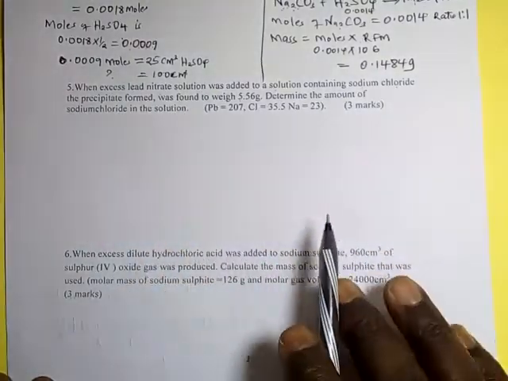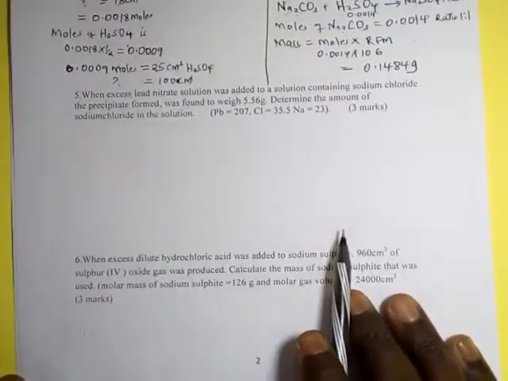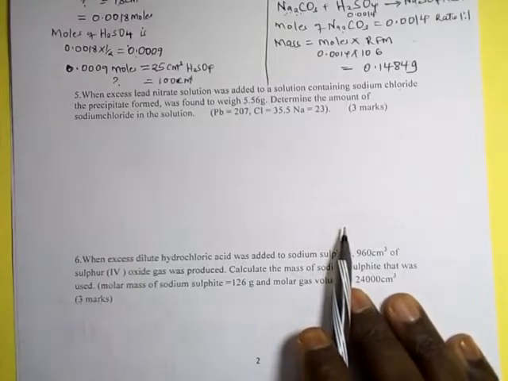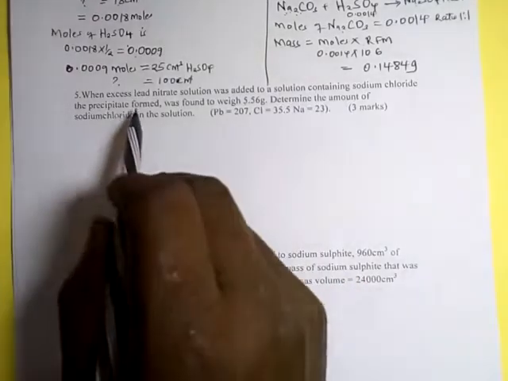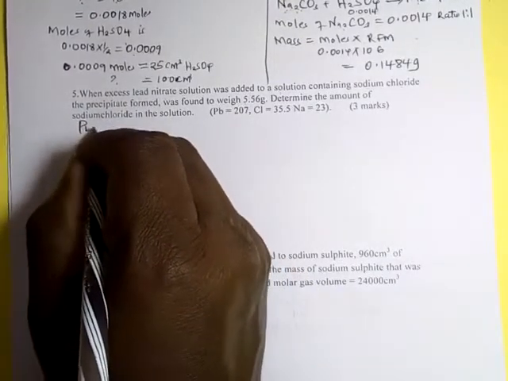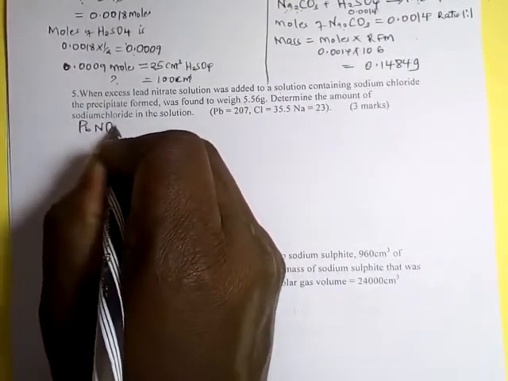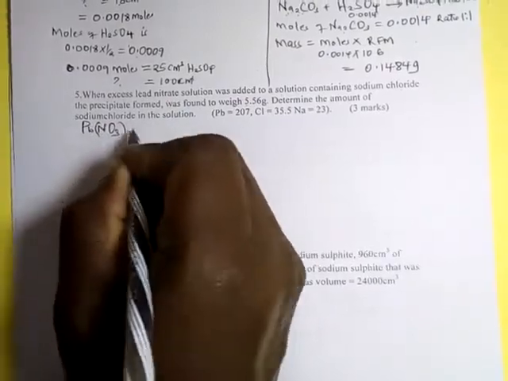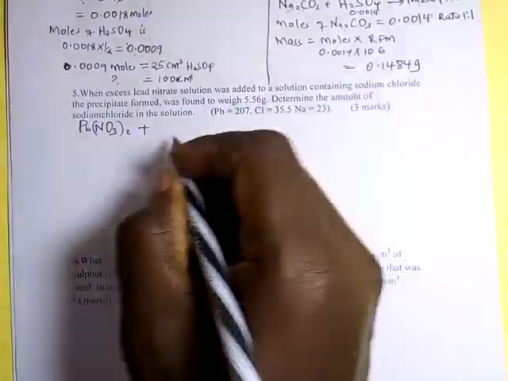So first, you must know how to write the chemical equations of the substances involved in an equation. So here we are reacting lead nitrate, Pb nitrate, with sodium chloride.